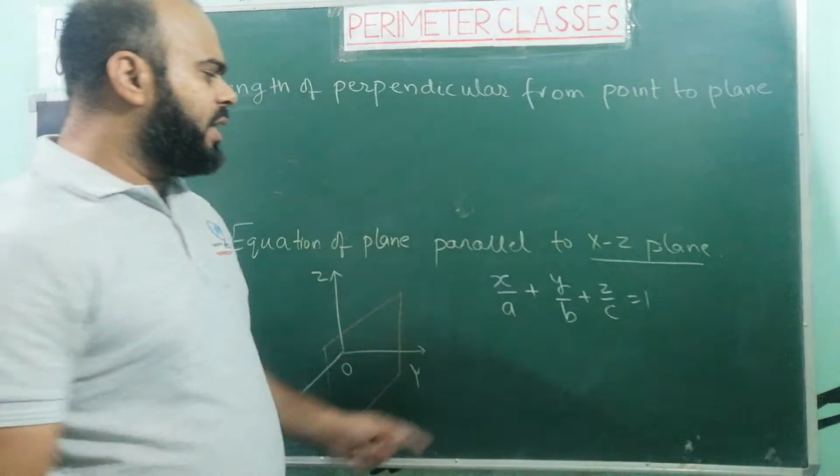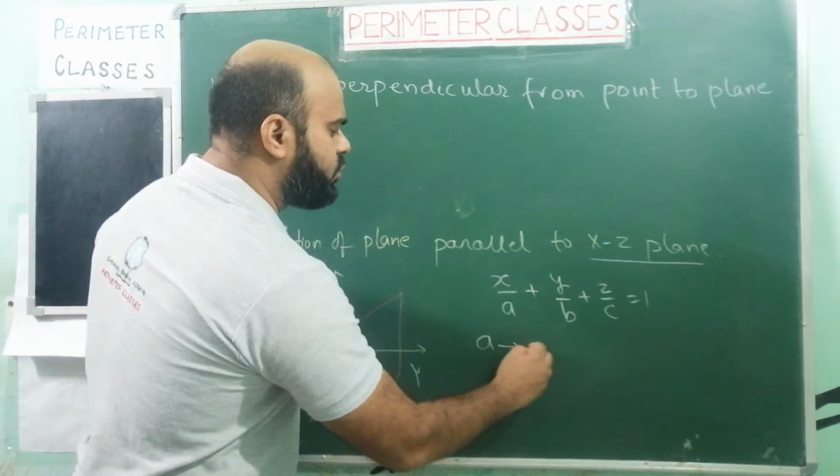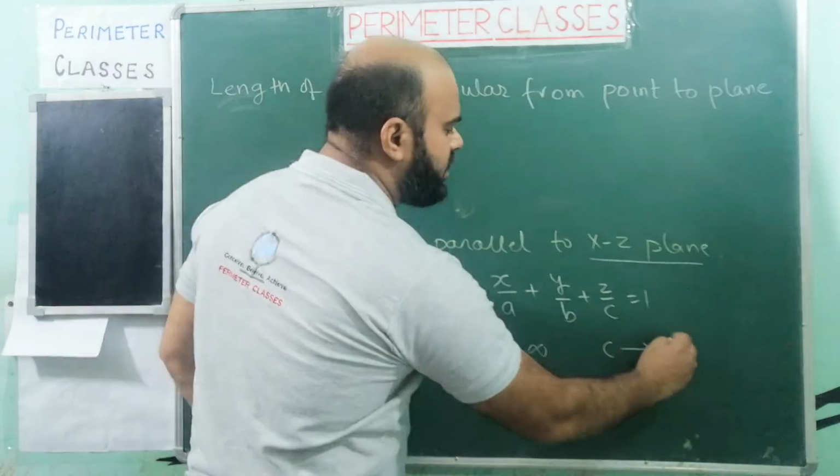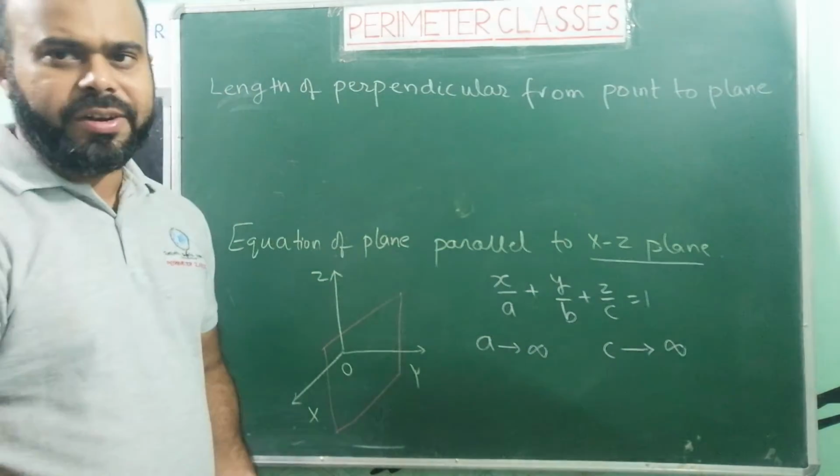So we can say that the intercept on the x-axis is tending towards infinity, and the intercept on the z-axis is also tending towards infinity.